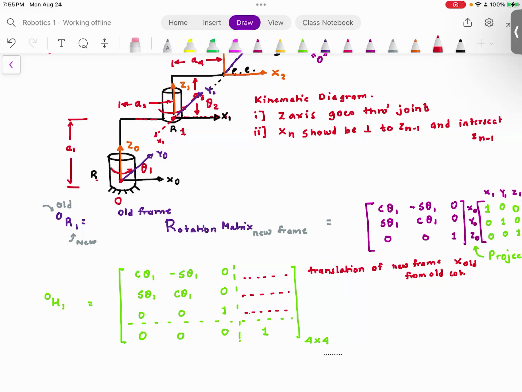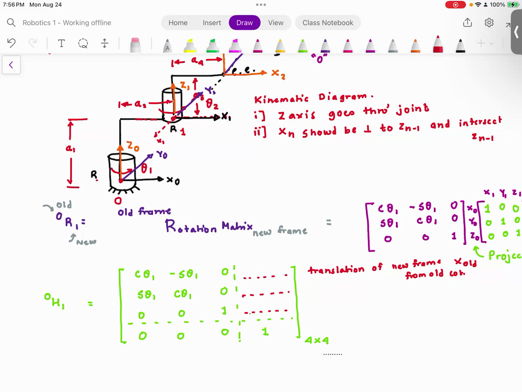Then the relative distance between frame 0 and frame 1 is going to be different. So how would I find that out? Whatever expression I write in this row and column here should be valid for all the values of theta. And I want you to do a thought experiment.